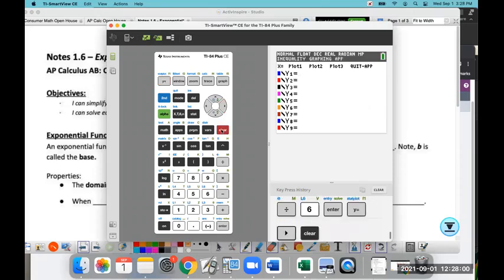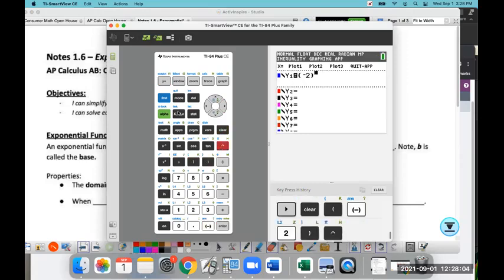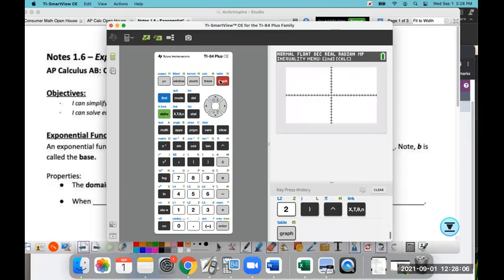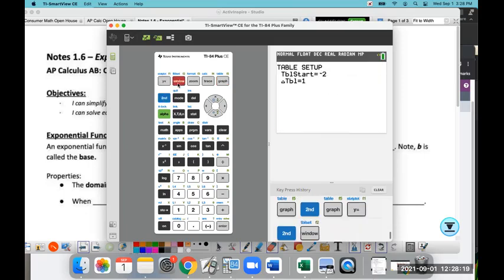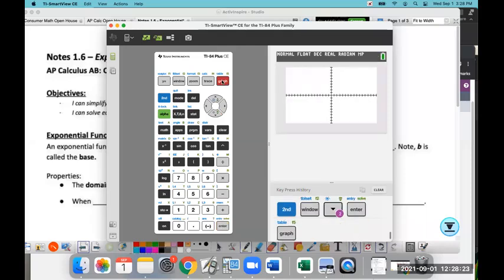So first situation, let's consider a negative base, like -2 to the power of x. Not seeing anything graphed, let's look at the table. Let me change my table set to automatically do the outputs.